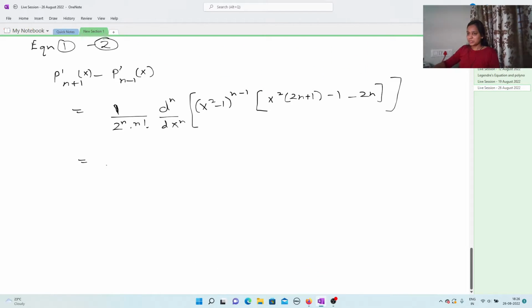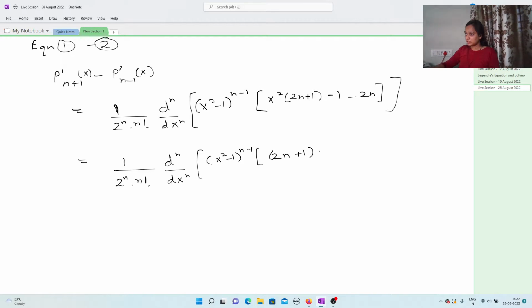So this can be written as 1 over 2 to the power n into n factorial, d n over dx n, and this is now x square minus 1 to the power n minus 1 into, we can write this as 2n plus 1 x square minus 2n plus 1, right?